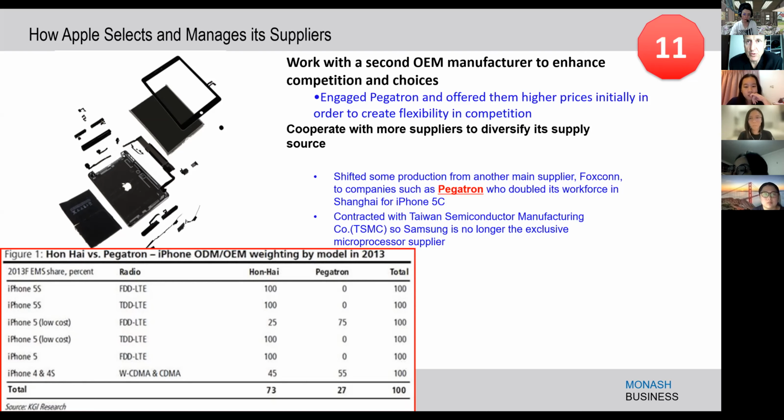Type it into the chat room now. P for Pegatron, F for Foxconn. Which one gave the higher quote in the cost to manufacture the iPhone 5C and the iPad 4? Was it Pegatron or was it Foxconn? Who gave the higher quote?